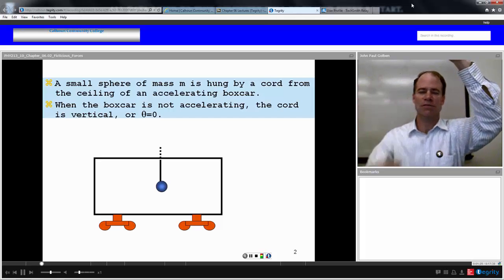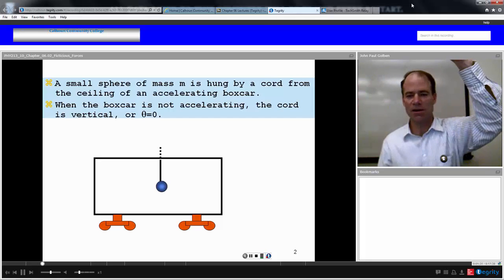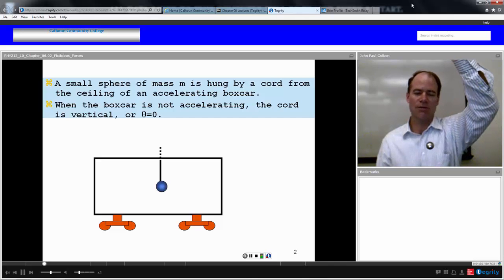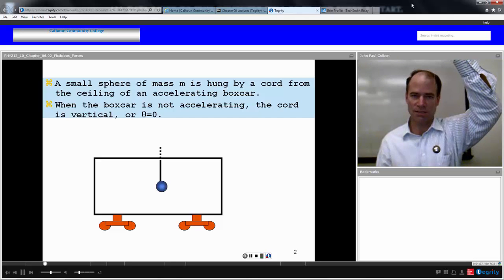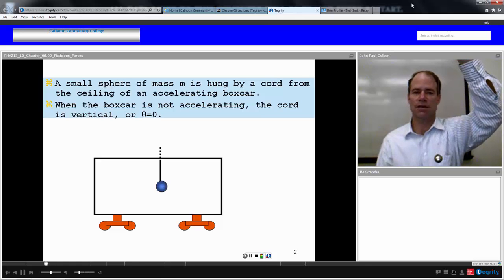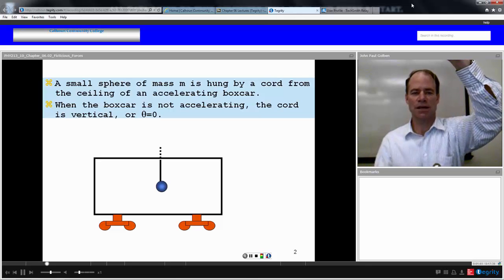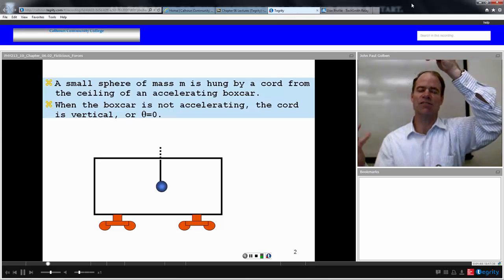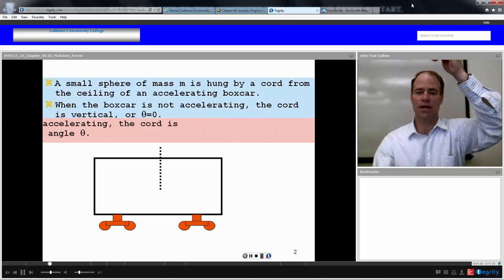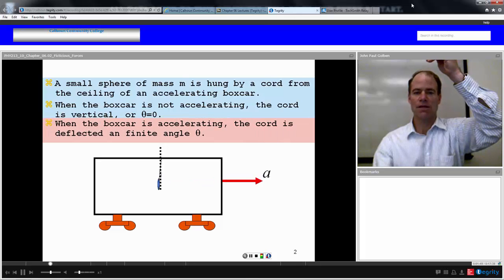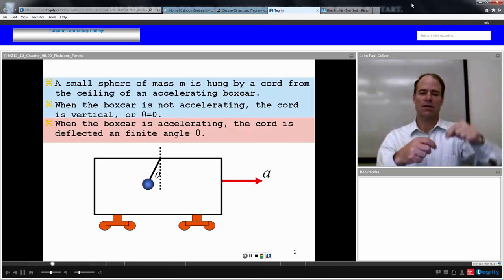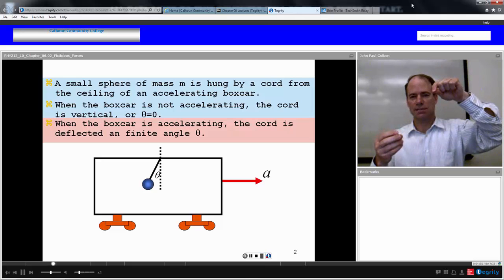In the frame of reference of somebody outside the boxcar, if they happen to see in through a little window or something, they would notice the same thing, that it was not accelerating. Okay, good enough. But what happens if the boxcar all of a sudden starts to increase in speed? So it starts to accelerate. As a result of that, it moves off to the side like this.